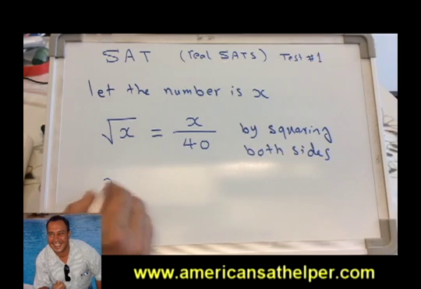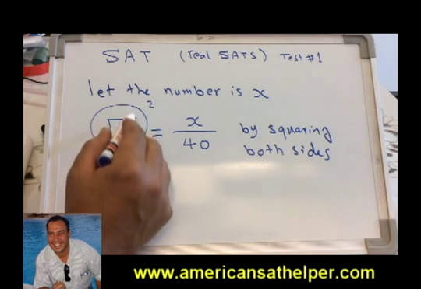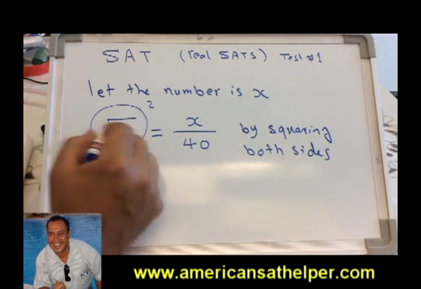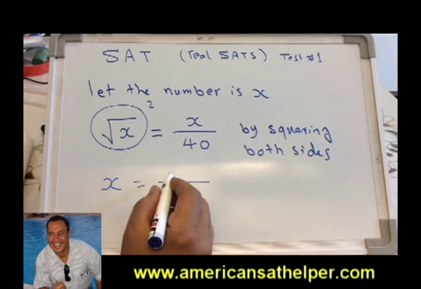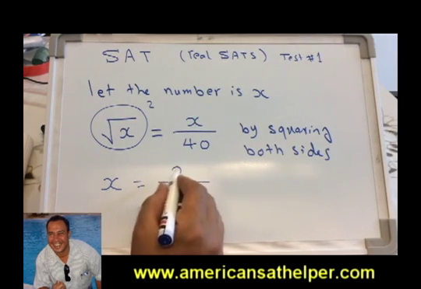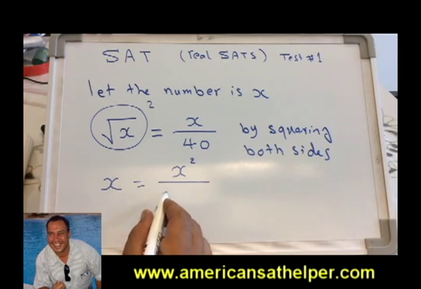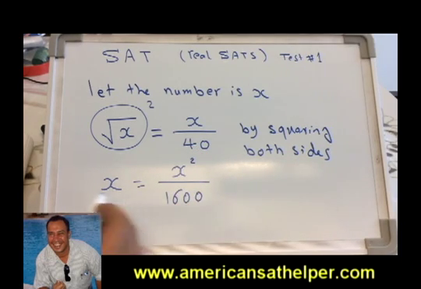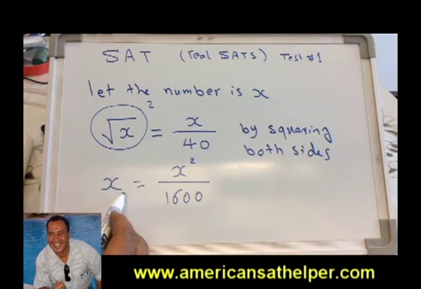Squaring the square root of x will cancel the square root, so we get x, equals squaring the right-hand side, you will get x squared over, squaring 40, you will get 1600. The right-hand side is a fraction, and you can put the left-hand side as a fraction.